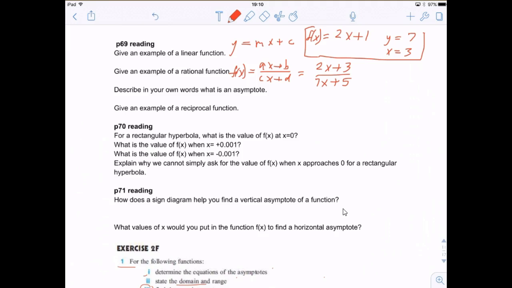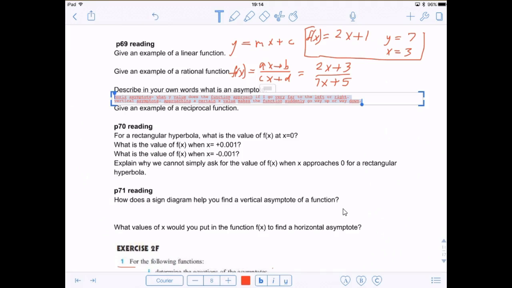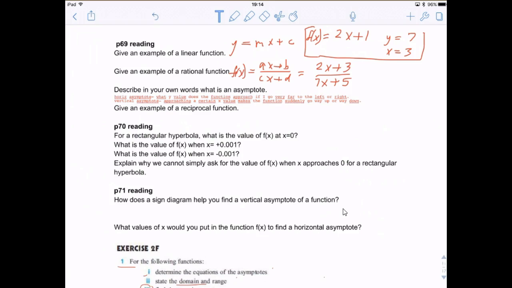Describe in your own words what is an asymptote. There's two kinds of asymptotes we're going to talk about here, a horizontal asymptote and a vertical asymptote. A horizontal asymptote is the y value that a function approaches if I go very far to the left or to the right.